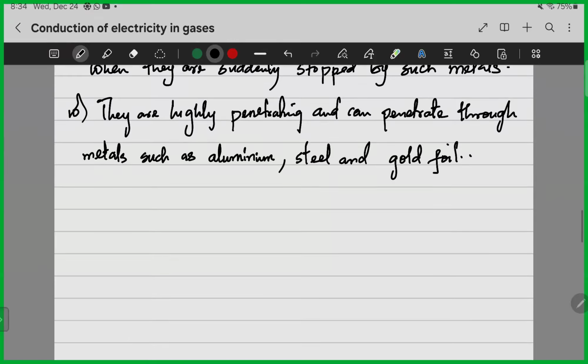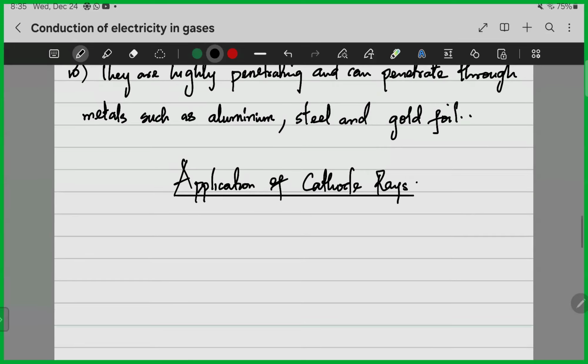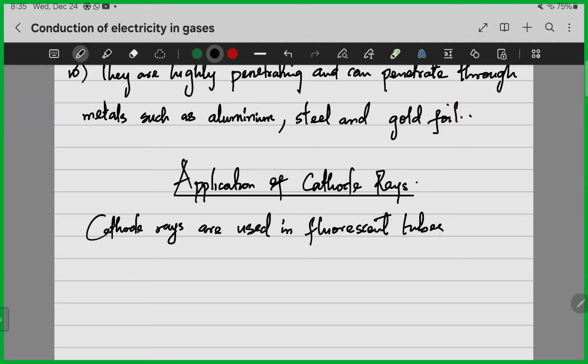Now we'll go straight to the application of cathode rays. So cathode rays are used in fluorescent tubes, used commercially for lighting and display signs.